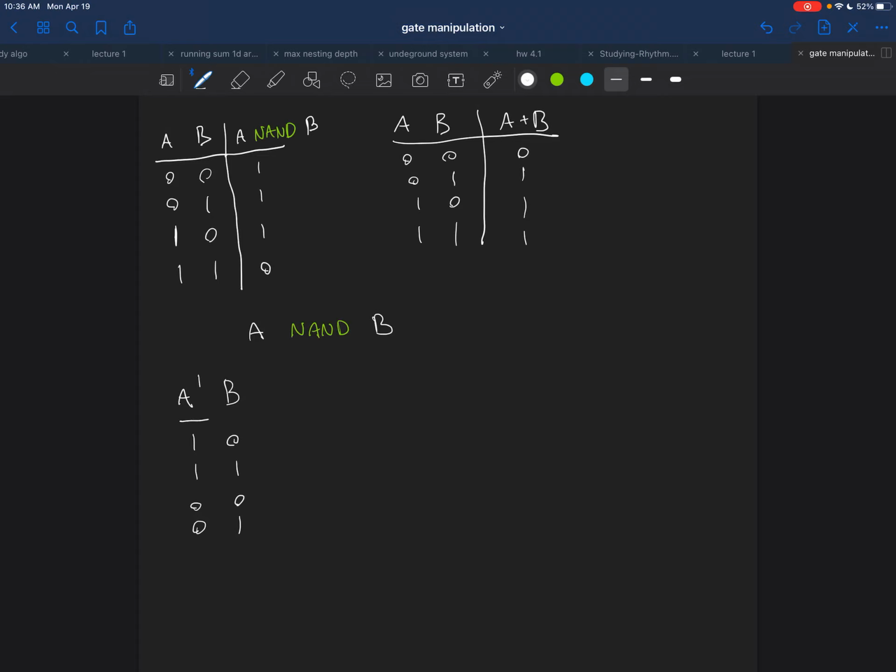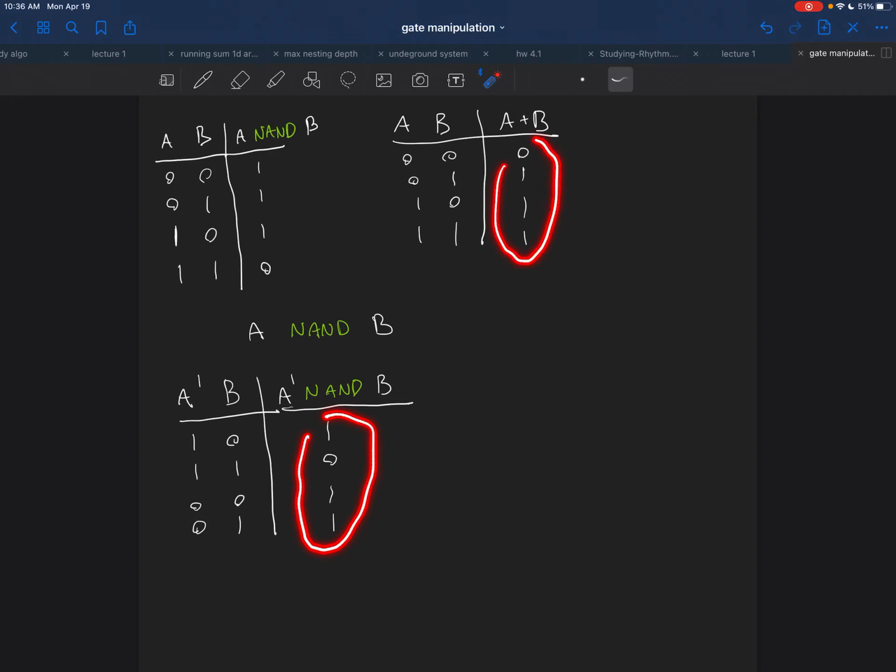And then that's B. And so A prime NAND, let me keep it color-coded, and B, so this truth table should come out to, well, let's see, we have the AND there, so that's going to be false, and all the rest are going to be true, because we don't have 1 and 1 in any other row. So great. Why do I say great? Because this is not actually what we want.